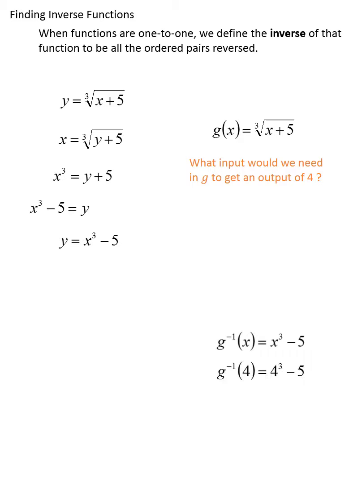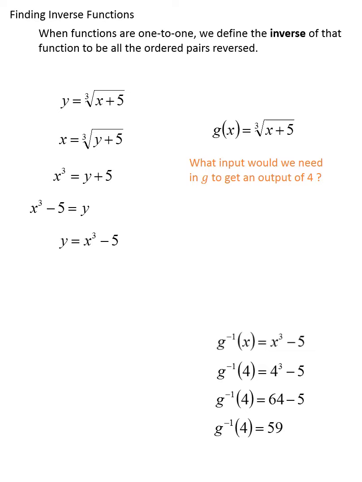What I would have done is simply plug 4 into the inverse function, because the input of the inverse function is the output of the original function. And by simply plugging 4 into the inverse function, I've essentially answered the same question, that I would need an input of 59 in the original function to get an output of 4 there.